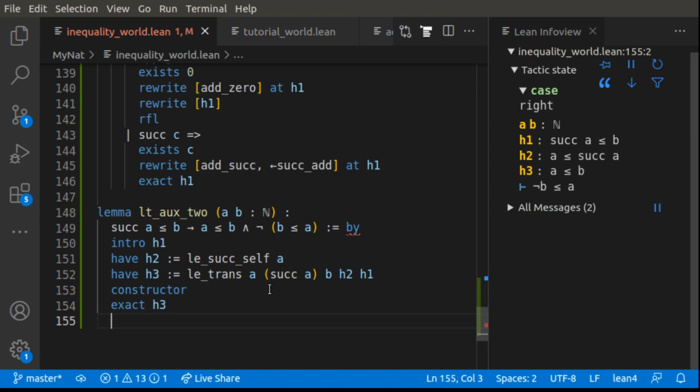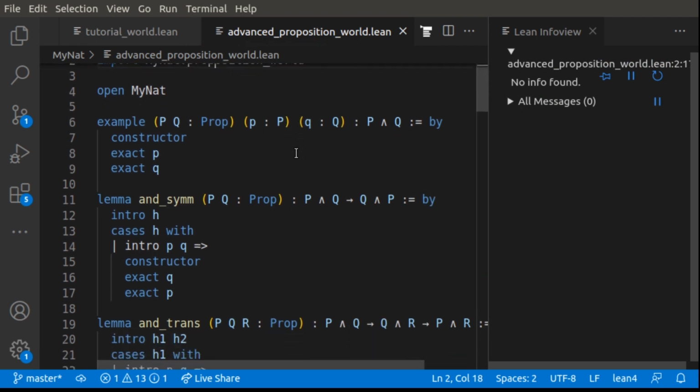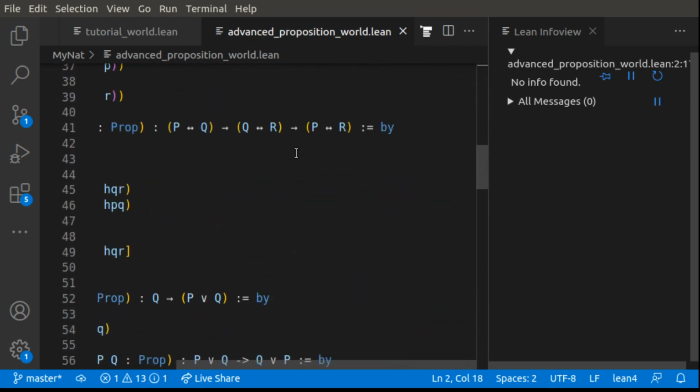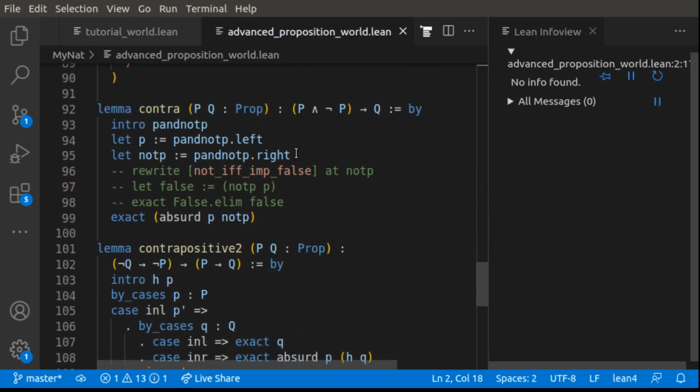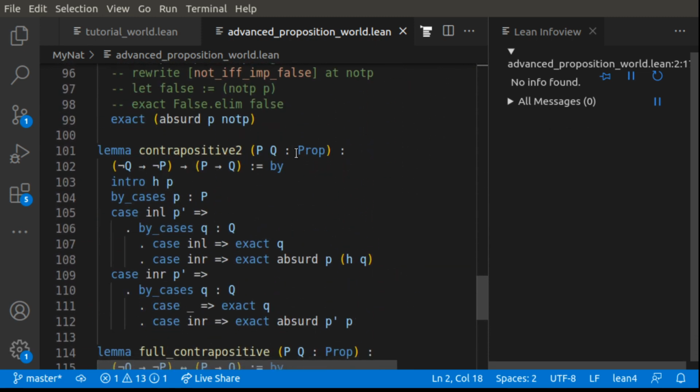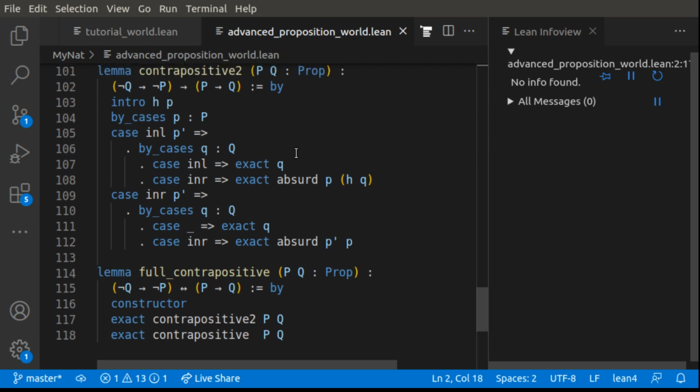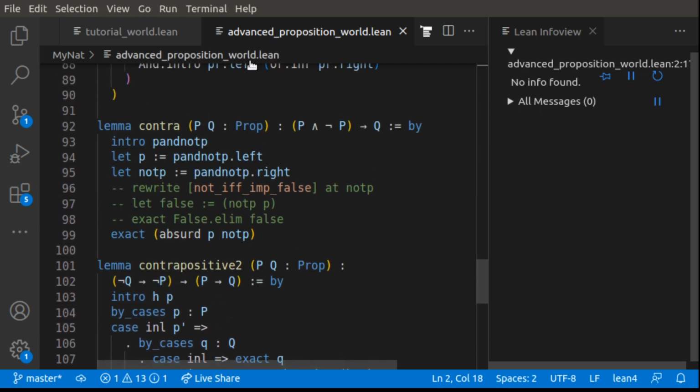Okay, now we want to prove not b less than or equal to a. Now we have a not in our goal state. What do we do then? We had a not in our goal state before.